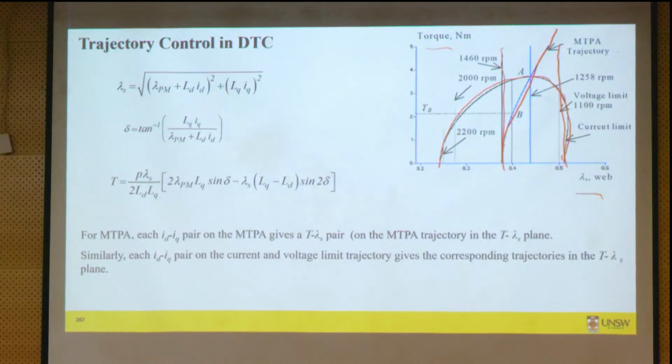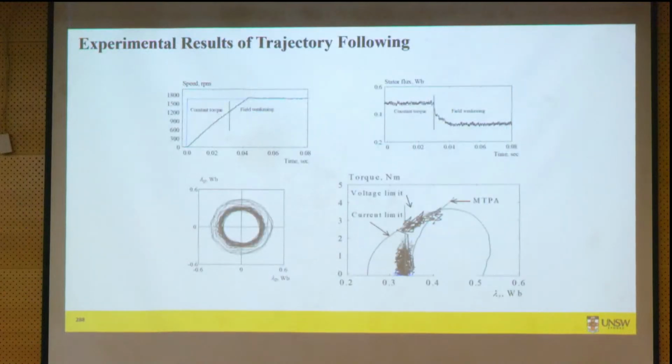So trajectory following can also be done in DTC. Flux weakening can also be done in DTC, but it's a slightly different method, a different way of calculating it. Again, you can see some experimental results here, how the MTPA is being followed and what's happening to your flux.